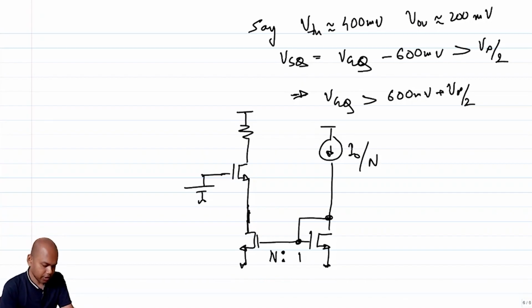So, as long as all transistors are in saturation, let me call this m0, and this m0 with m a, and I call this m0. Okay, so as long as transistors are in saturation, then you are going to get I naught current in this stack.